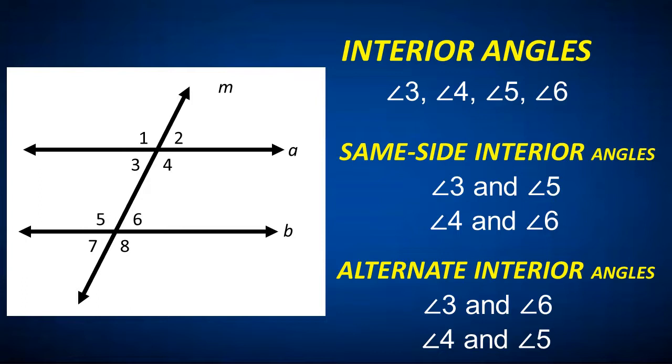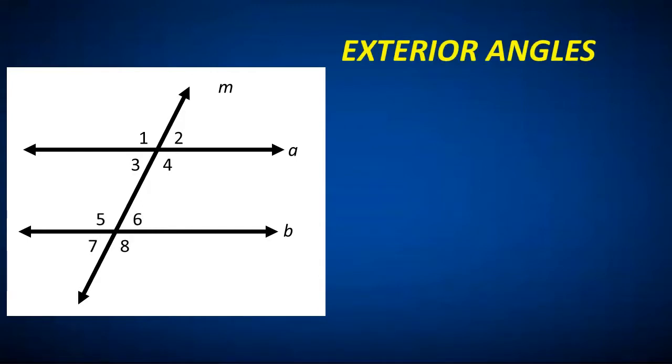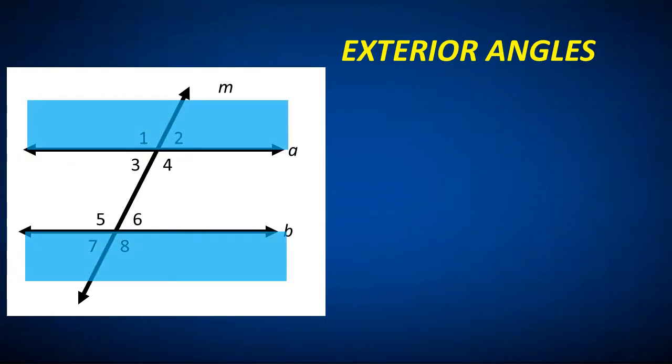So next, let's have the same given. Let us proceed with exterior angles. Kanina, we discussed about exterior angles. Saan sila nakalocate? Sa given natin, again, siya yung nasa labas ng parallel lines. So, as you can see, dun sa blue part, dun tayo kukuha sa mga yan.